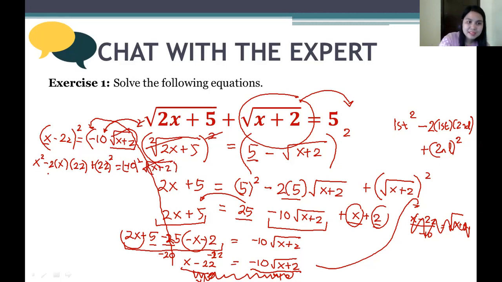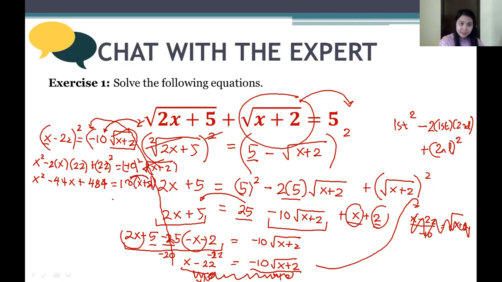Okay. The left side, ready? x squared minus 44x plus, what's 22 squared? 484 equals, that's 100 times x plus 2.